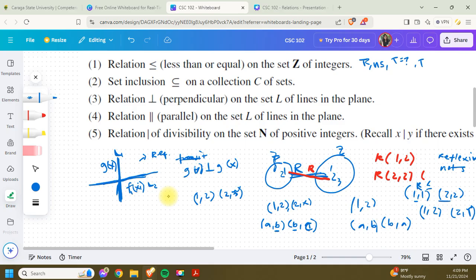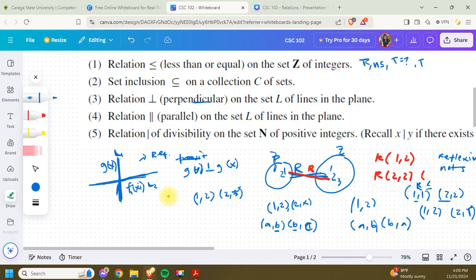Of course, this cannot happen, because by the definition of perpendicular, they only meet once, right? They meet and then go on separate ways after that meeting. So technically, g of x to itself does not do that.